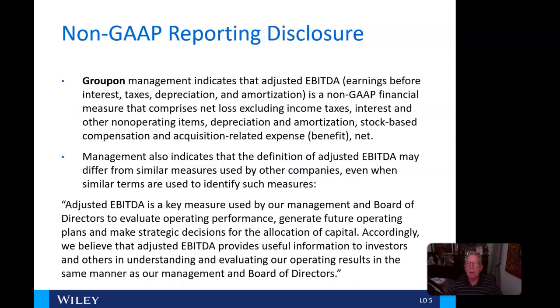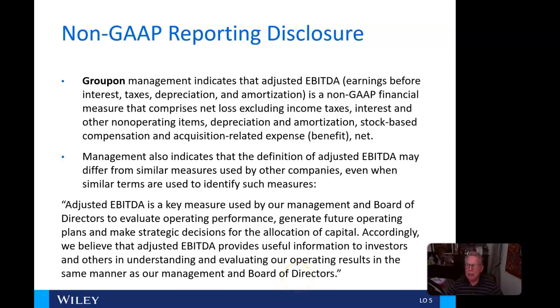Okay. So Groupon management indicates that the adjusted EBITDA is a non-GAAP financial measure that comprises net loss, excluding income taxes, et cetera. Management also indicates that the definition of adjusted EBITDA may differ from similar measures used by other companies, even when similar terms are used.